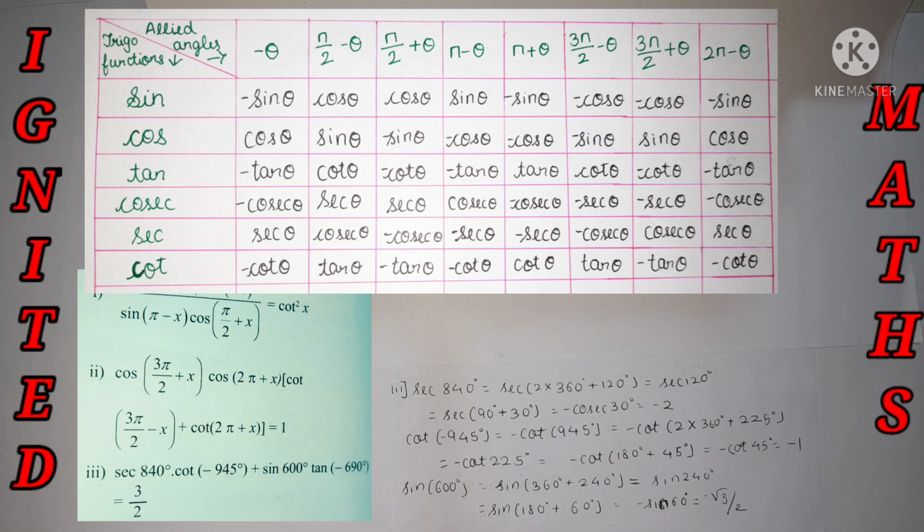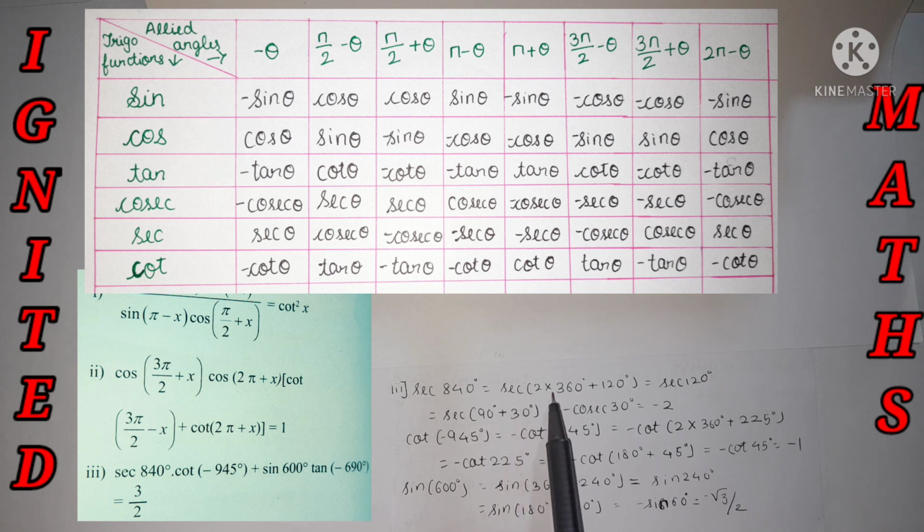The first procedure we need to do is find the value of each trigonometric function with the angle given: sec 840°, cot(−945°), sin 600°, tan(−690°). Just find them as I have done over here. Sec 840°: I took a relation of 2π.